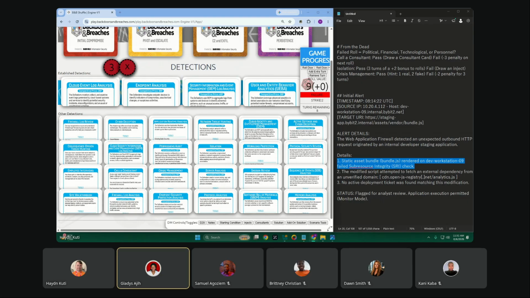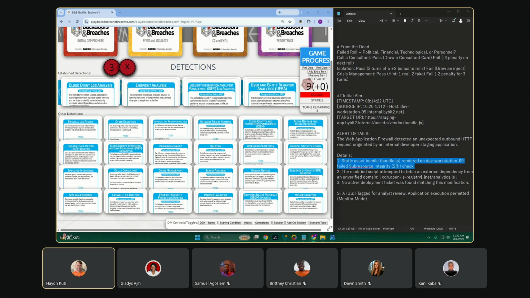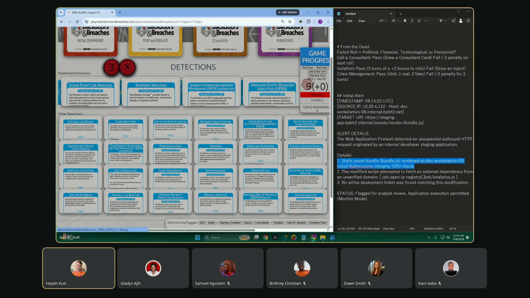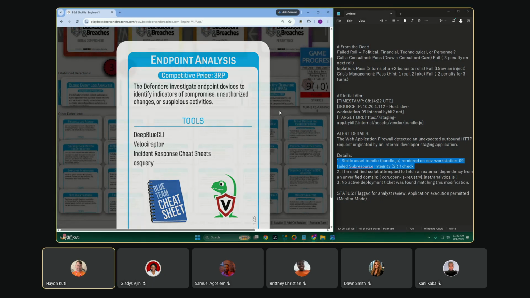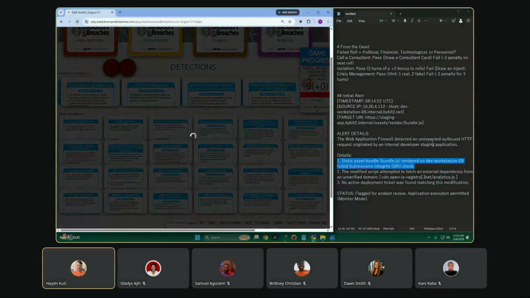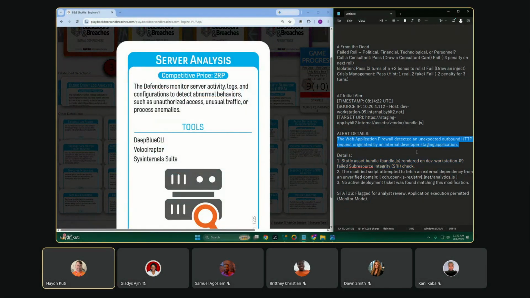Yeah, so sorry, I missed that part. Which two are they looking at? They're looking at endpoint analysis and server analysis. Don's argument for endpoint analysis is that it's an established detection and we know which workstation is currently infected. And then server analysis because we know it's HTTP requests going through the server in the firewall.